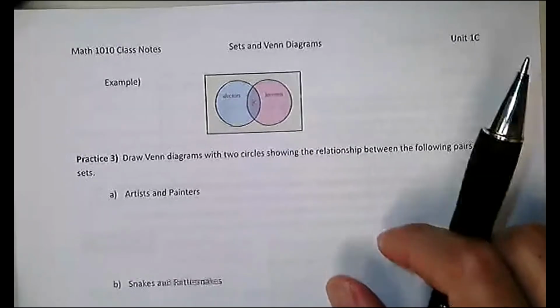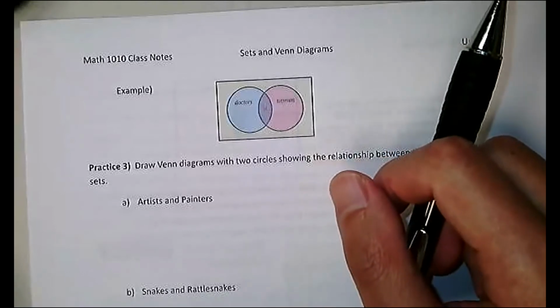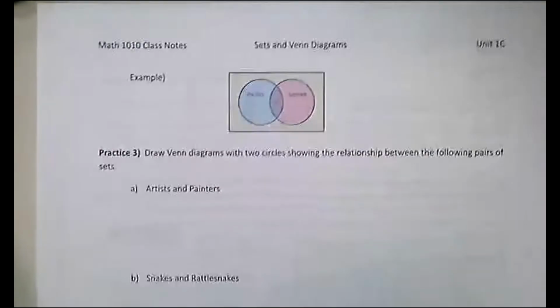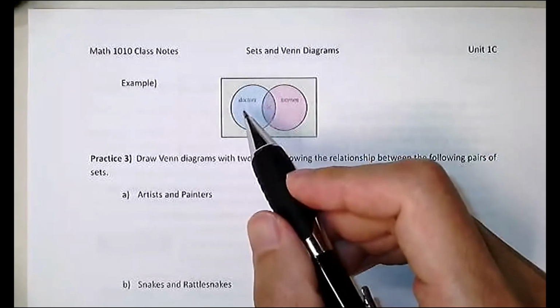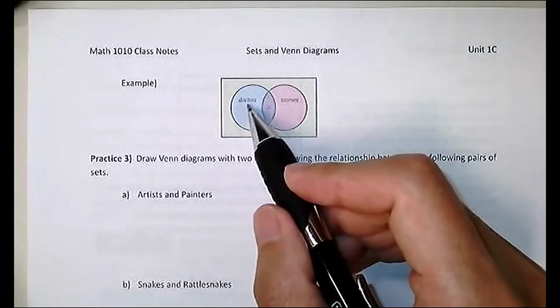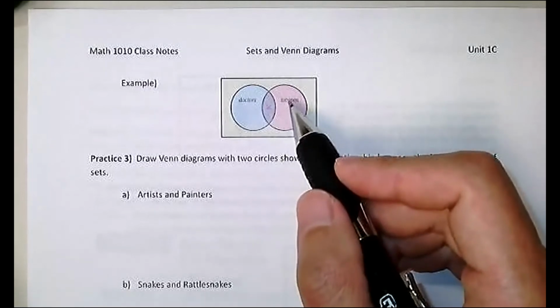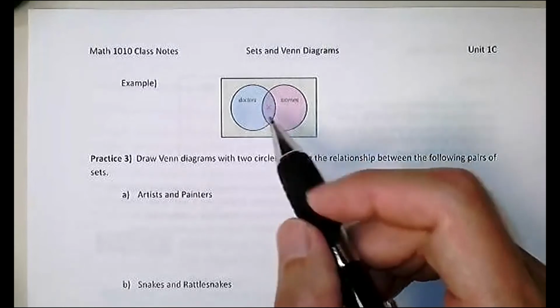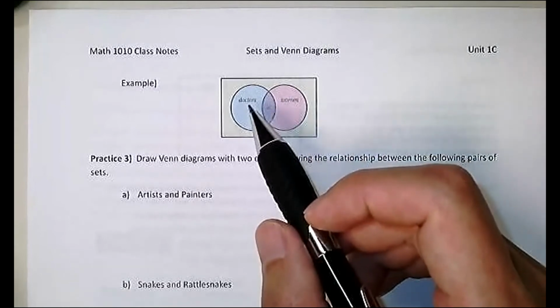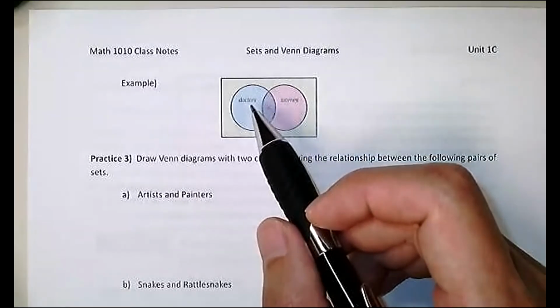Here's an example. So here, the first circle is doctors. Second circle is women. So obviously, we have male doctors. We also have female doctors.